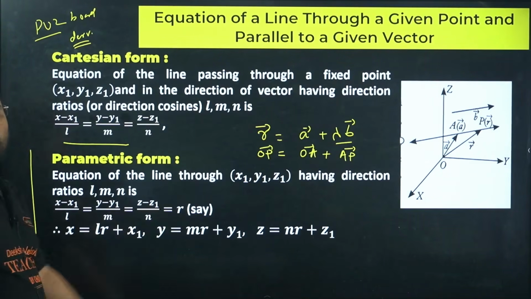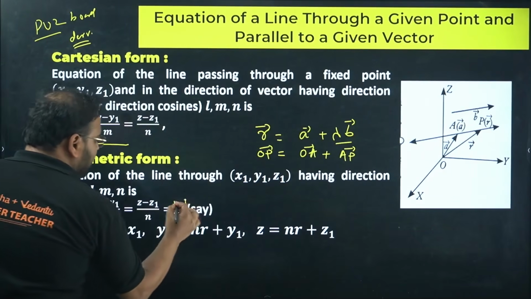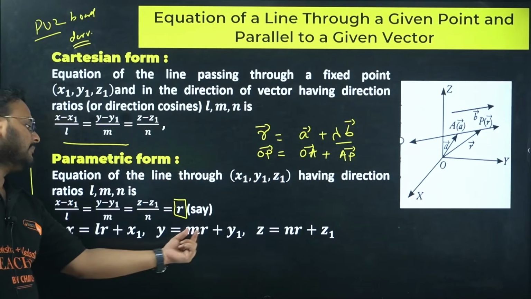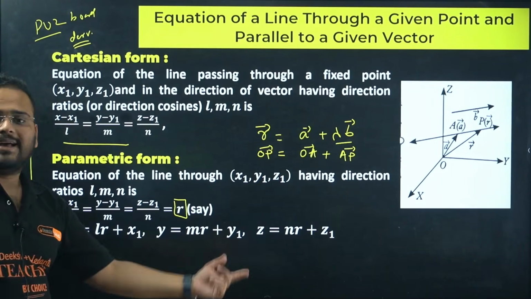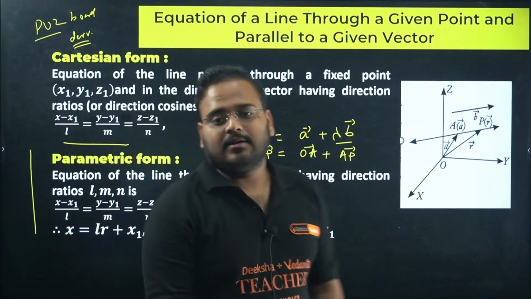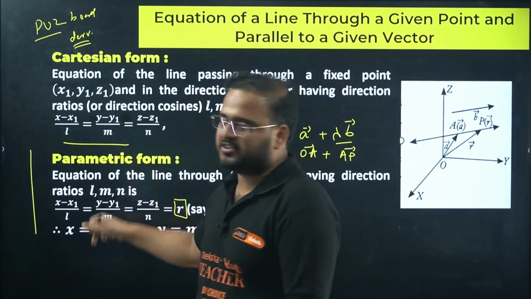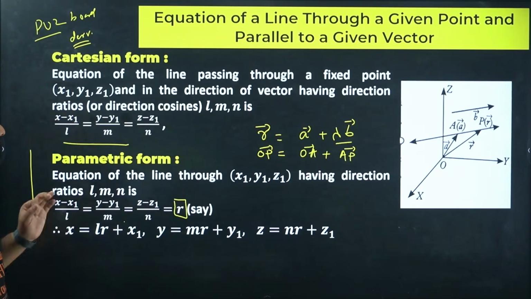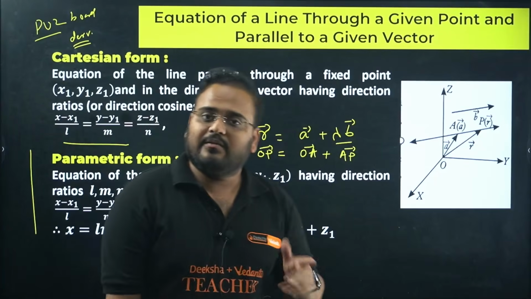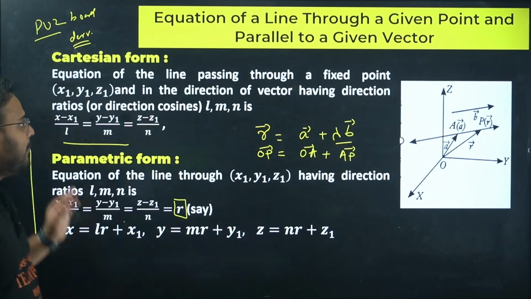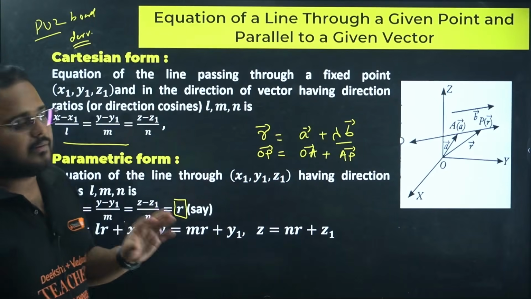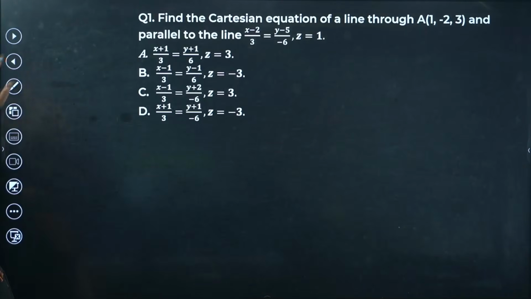Whenever all of these are equal to a parameter r, this is the parametric form, x in terms of lambda r and the coordinate x1, and so on. Got it? This comes directly from the Cartesian form. I have taught you the proof of this many times in my classes, even in 0 to Hero. But yes, the proof of this one comes in PU2 boards. Questions on this come in both examinations.